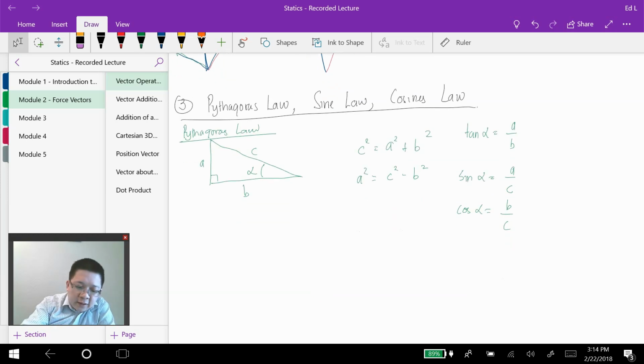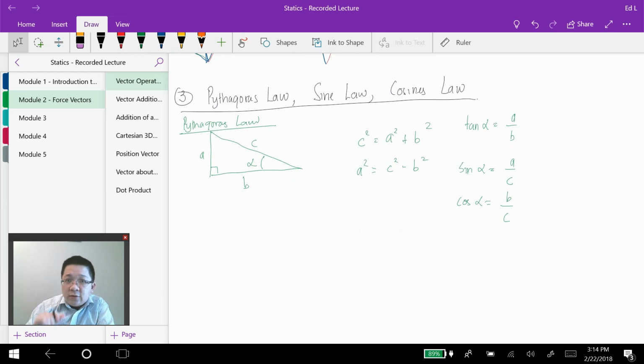Then we move to the second law that we typically use to solve problems related to trigonometry. We call it the sine law.